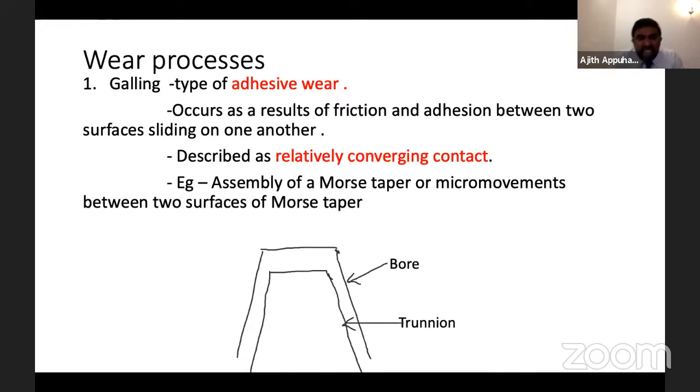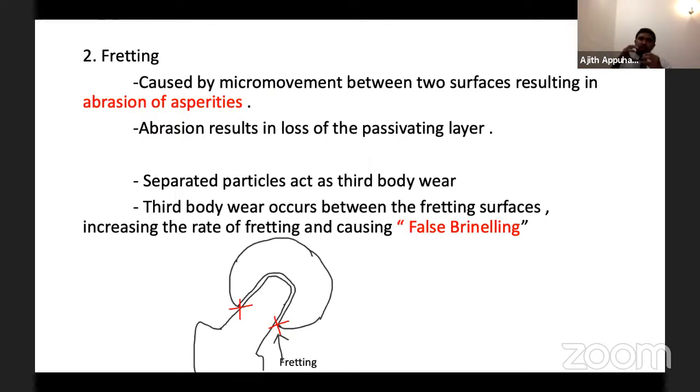When you go to fretting, at the junctions of the Morse tapers, there is some micro motion between articular surfaces and they develop abrasion of the asperities. It's a kind of abrasion wear.